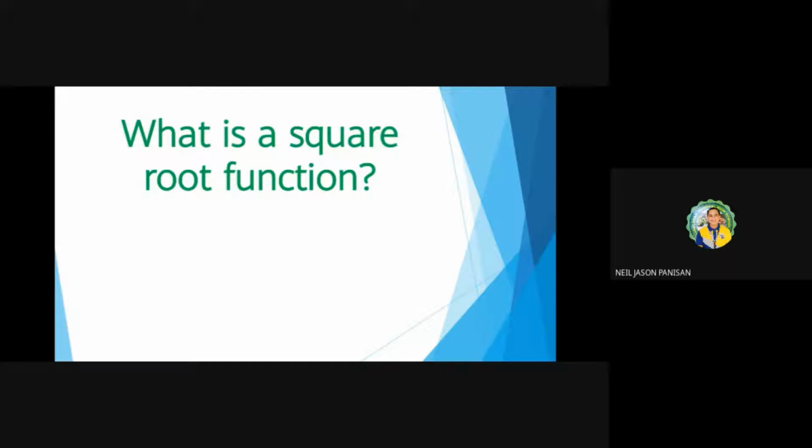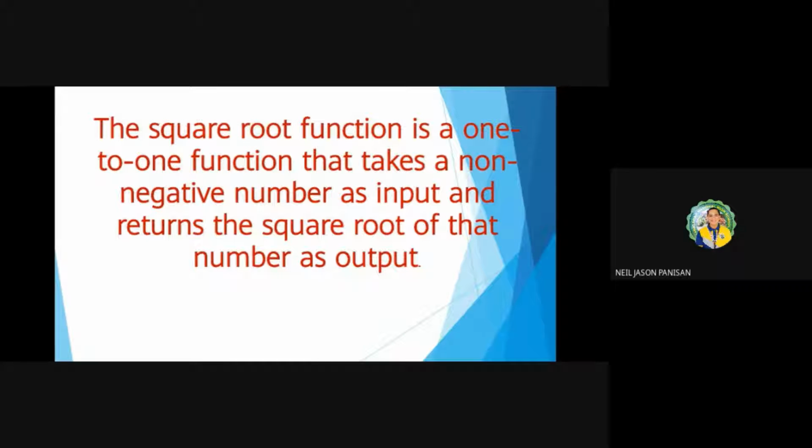So unsa day na siya? So the square root function is a one-to-one function that takes a non-negative number as input and returns the square root of that number as output. Meaning, if naatay domain or values of x, pag abot sa range or the x values, dapat isara ang iyang value of y.